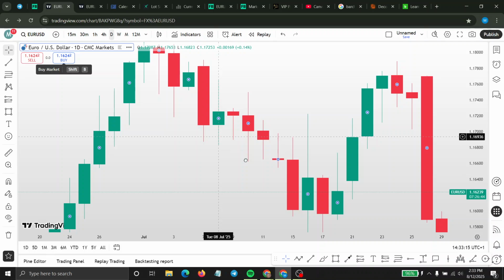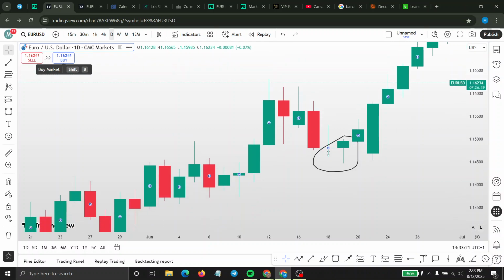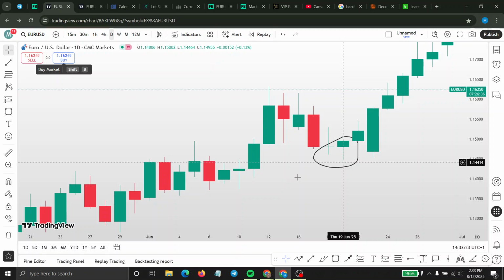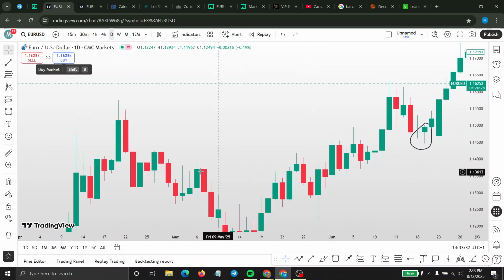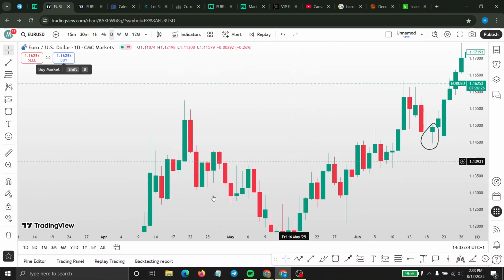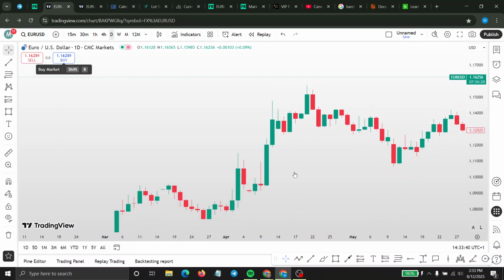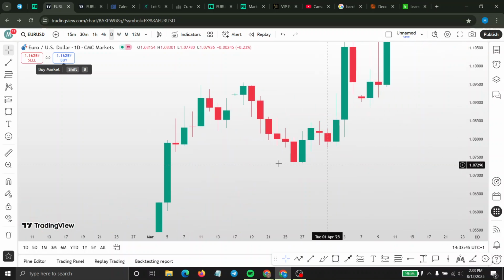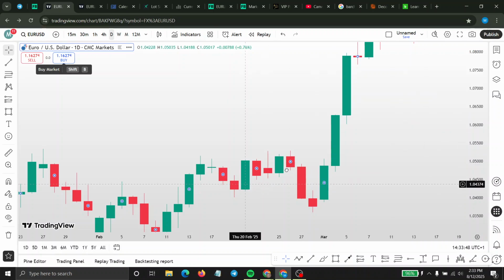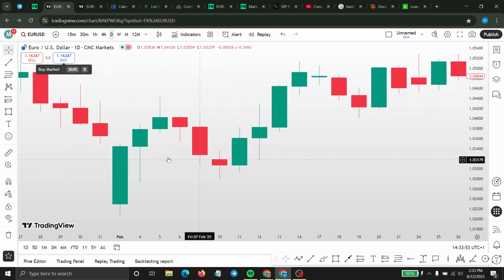But don't let us get confused. Let's still go and look for an example of how a shooting star looks. Okay, you can see the shooting star example here.